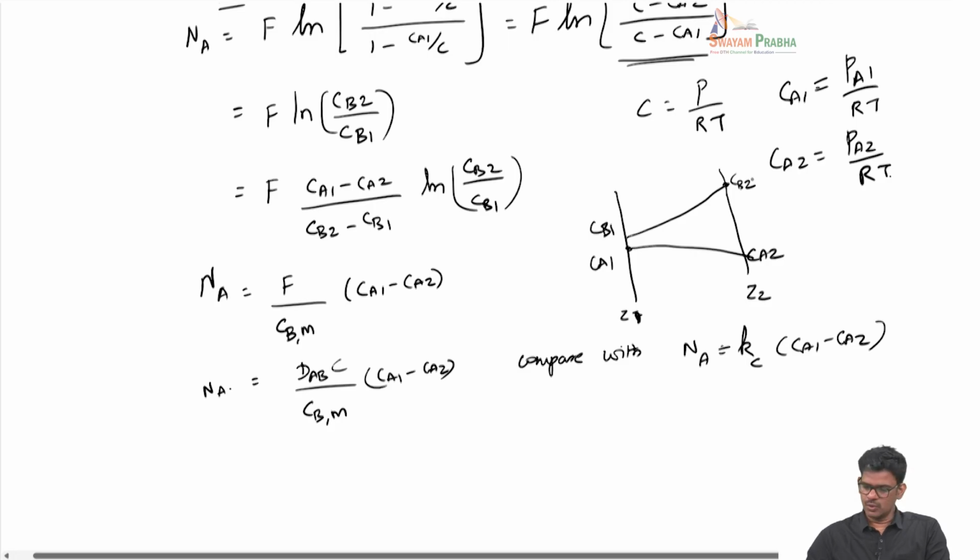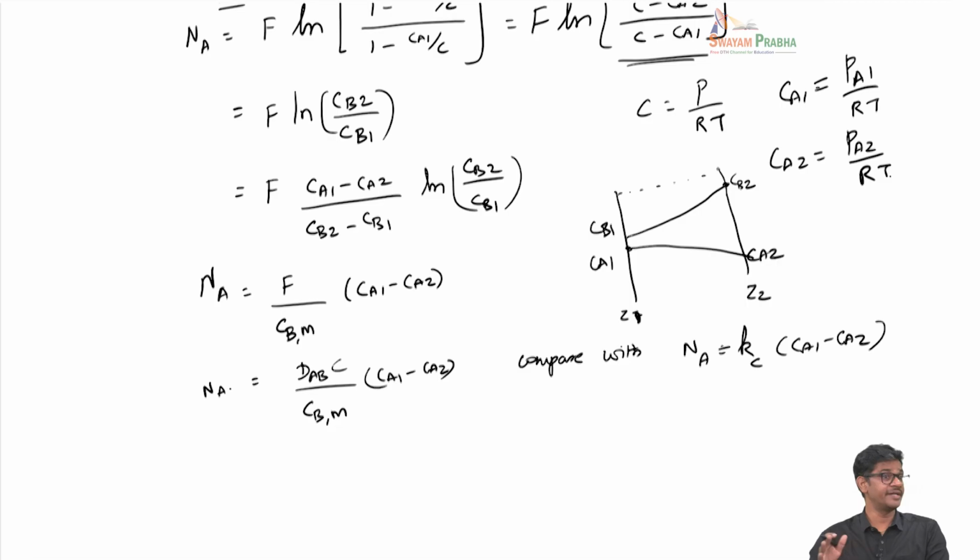This is because the total has to always be the same. The concentration Ca plus Cb has to be constant at all times at every spatial location. When A is decreasing as a function of Z, correspondingly Cb will have to increase so that the total pressure or the total concentration remains constant.